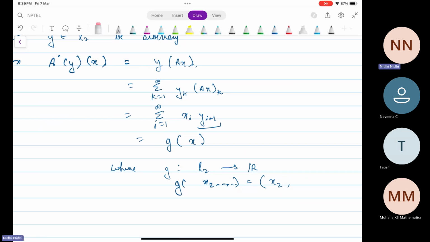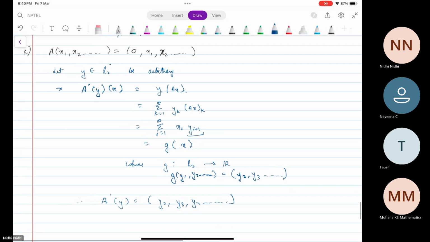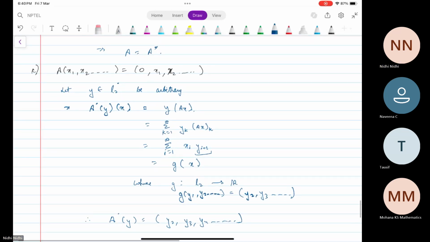We should write it as y1, y2, y3, and so on. Therefore, A star y is y2, y3, y4, and so on. That means left shift operator. So I hope this is fine.